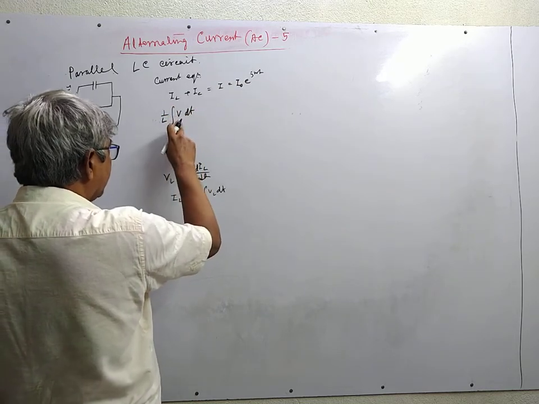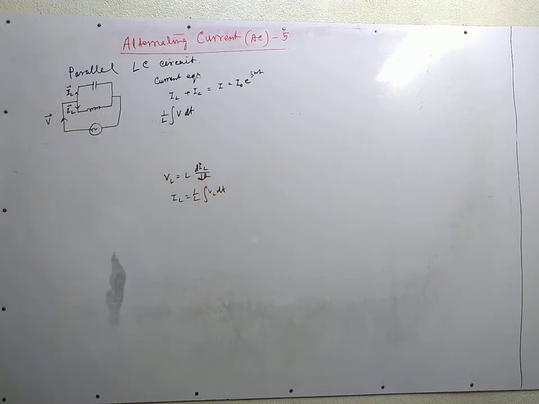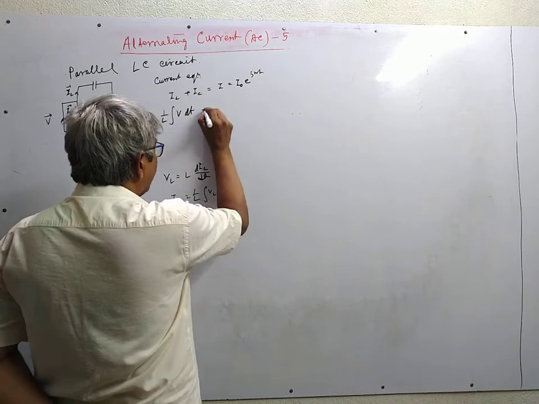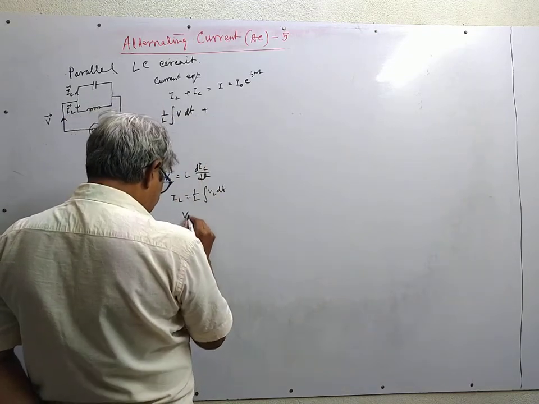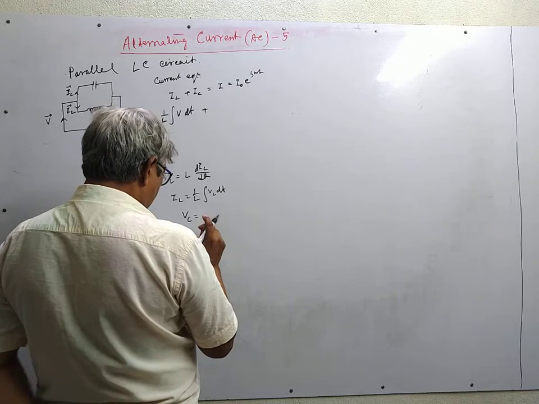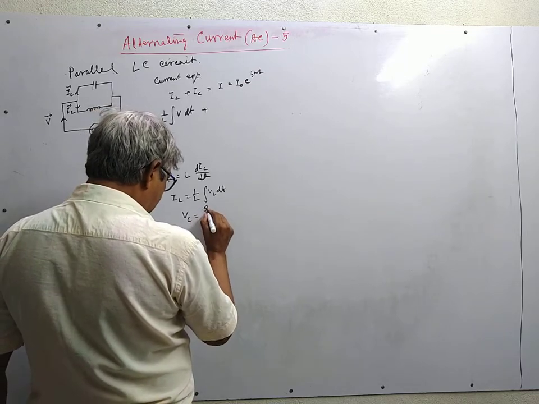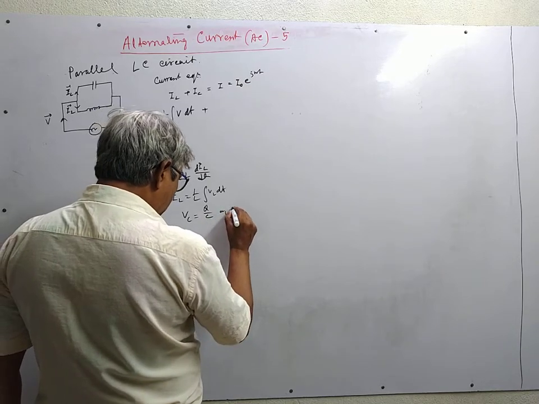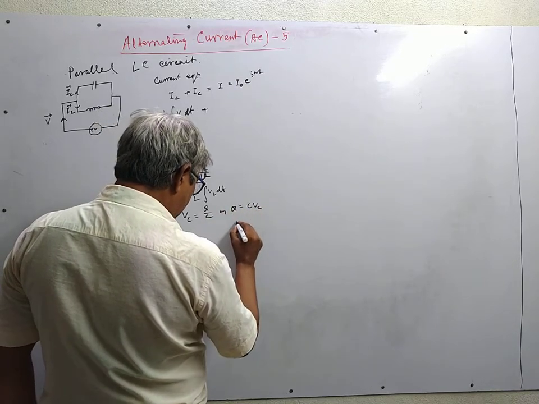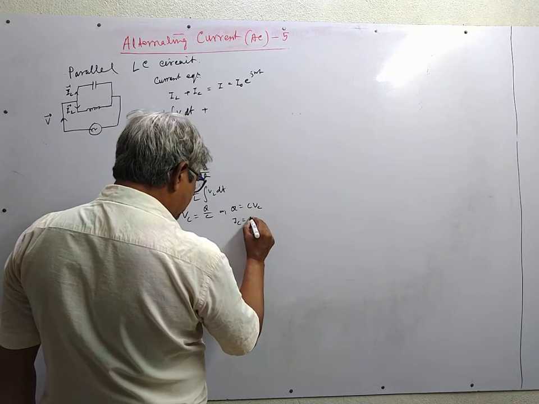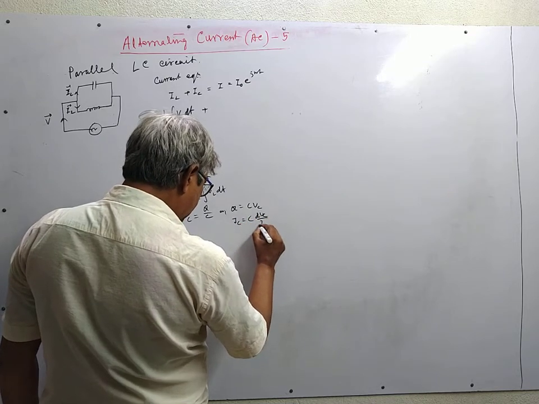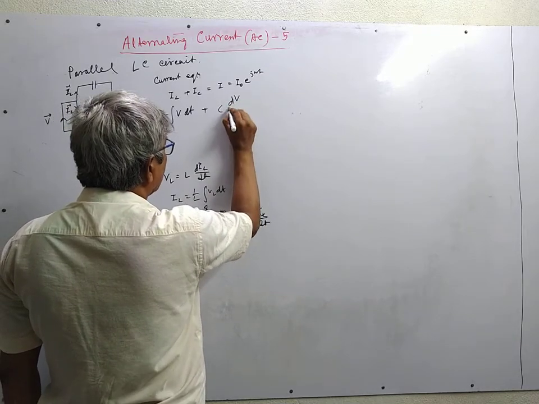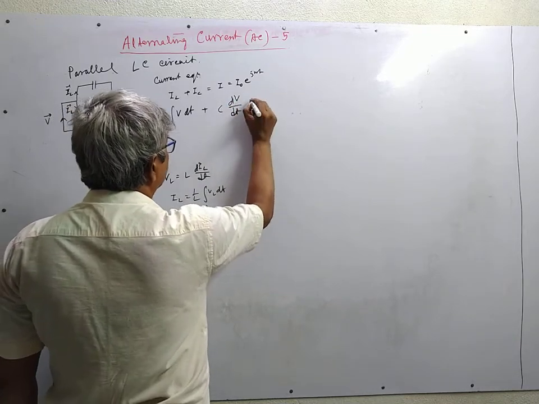We have omitted the L suffix with V because the same voltage is applied to both the circuit elements, and for this VC is equal to Q by C, which gives you Q is equal to C VC, or IC is equal to C dVC by dt. So this is again no subscript.